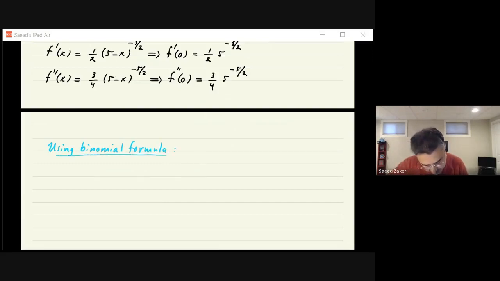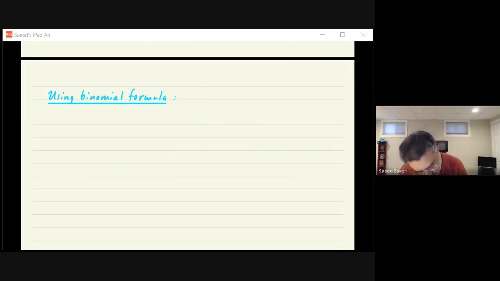And this is much quicker because we already have done the hard work. So f of x. So this is going to be my last word. We still have 6 minutes left, but it shouldn't take that long. So this is 5 minus x to the power minus 1/2, right?